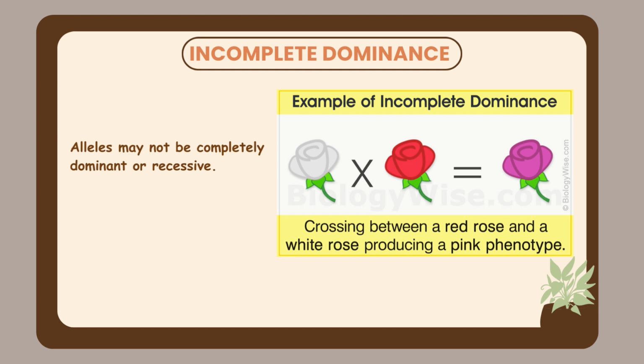Here the gene pair of parental types, the red and the white color of the flower, blend together, and the outcome is a pink flower. The pink flower is called the heterozygote because it is the combination of two homozygotes, the white flower and the red flower. Now, let's proceed to multiple alleles.